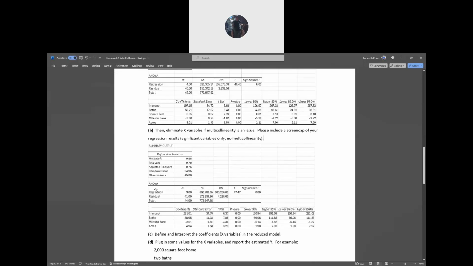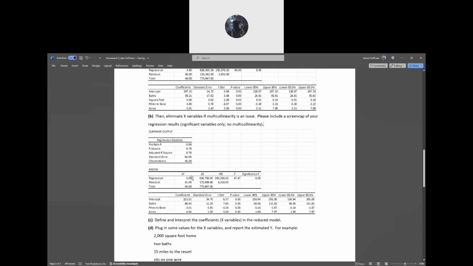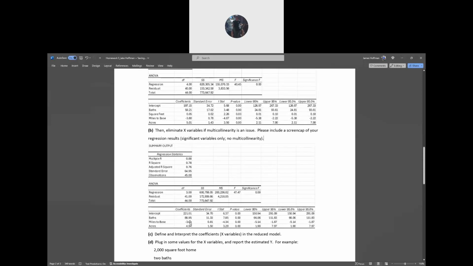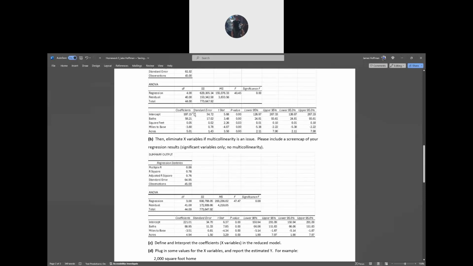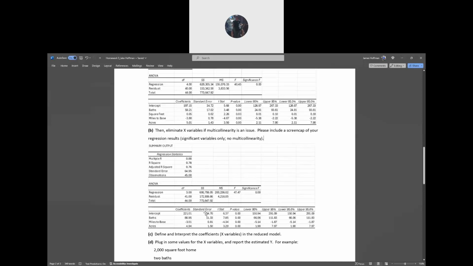A good thing to note is, look at the coefficient change from Bass here to Bass here. It went from 59 to 88. So clearly this was not the right interpretation with square feet in it. It jumped from one bath increases the price by 59,000 to one bath increases the price by almost 90,000. So big change.